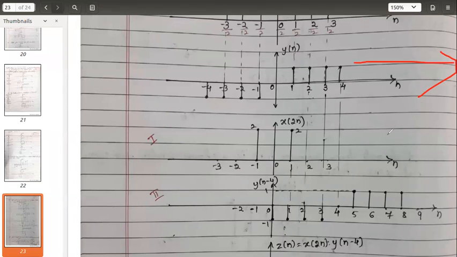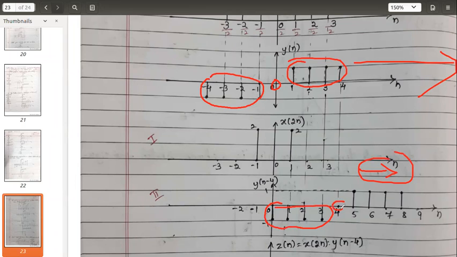If we right shift, the total number of samples should be the same. Remember, here there are 4 samples on the down side, nothing at 0, and 4 samples on the up side. So 4 plus 0 plus 4, that is 9 samples. So when you shift a signal, the number of samples should be the same after shifting. 4, one 0, one 4, 4 plus 1 plus 4, 9 samples. Number of samples should be the same.